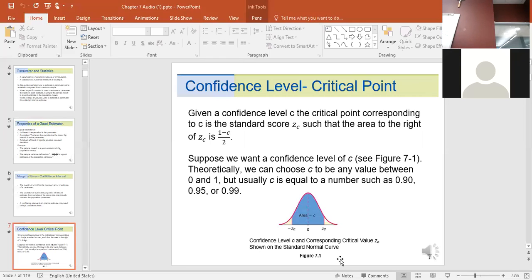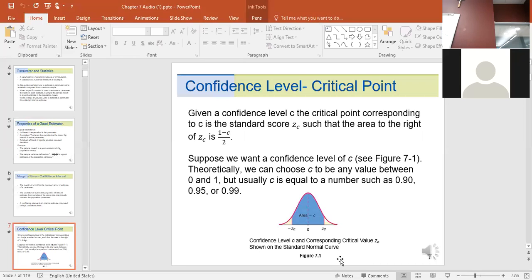So based on this confidence level, the distance from here to here is minus Z alpha over 2. And if you remember when we were learning about the normal distribution, we call this Z the number of standard deviations we are away from the mean.